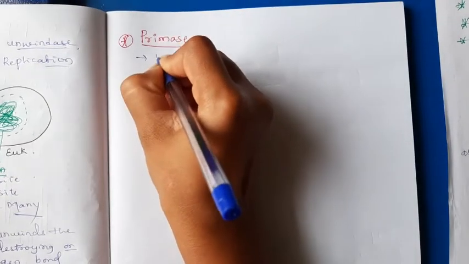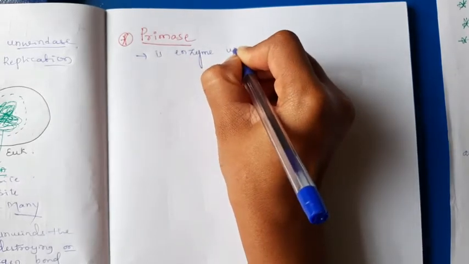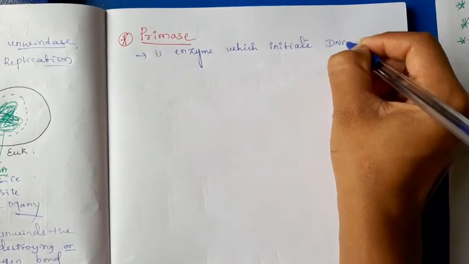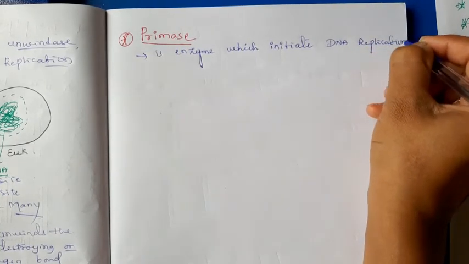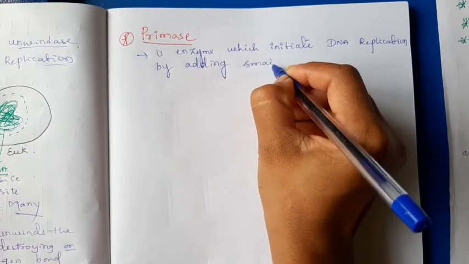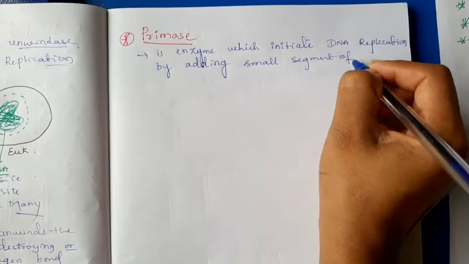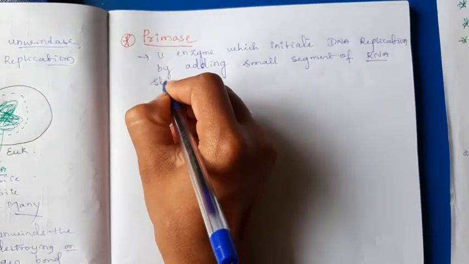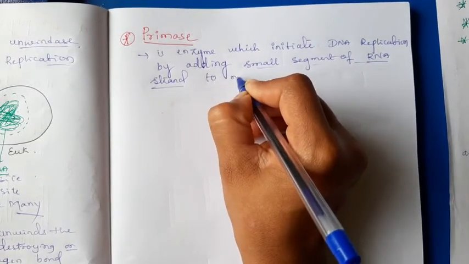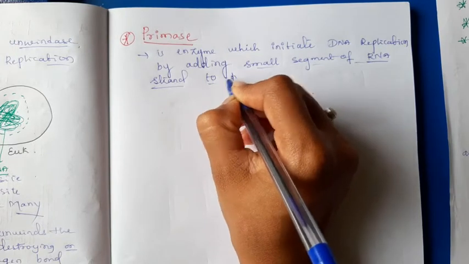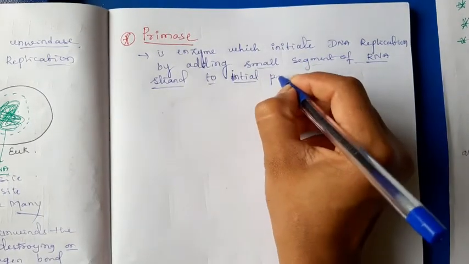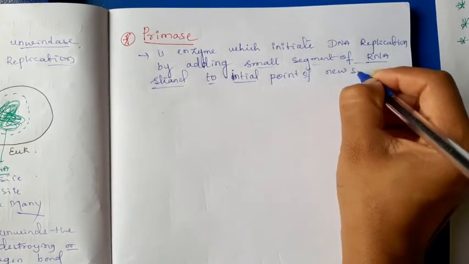Primase is an enzyme which initiates DNA replication by adding a small segment of RNA strand, or we can just say a small segment of RNA, to the initial point of the new strand.